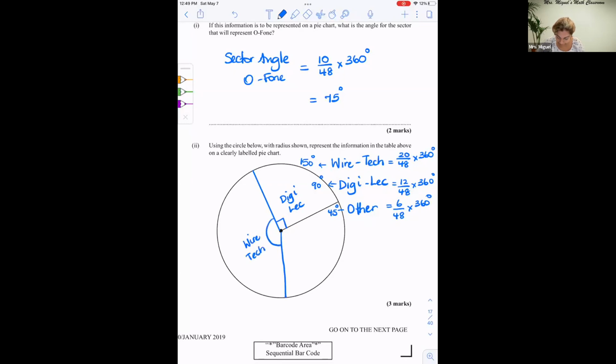So when you get some time, you can draw in the angles. Then we have 75 degrees and 45. So 75 degrees, we will call this O4. And this 45 degrees, we will call this other. So it's something like this. You don't have to draw it exactly how I have it, but something along this line is how the pie chart should look. Any questions?